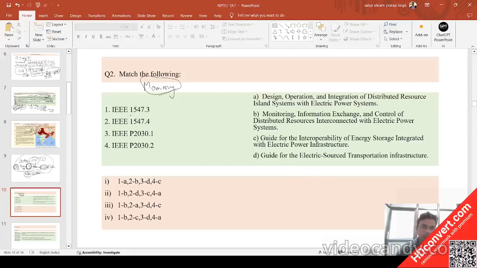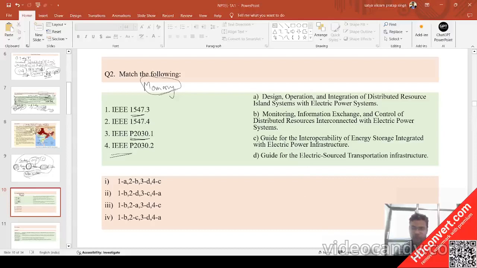If you know the IEEE 1547 or P2030 standard, I hope Swastik has cleared for you what kind of standards there are. IEEE, IEC, ISO. There are multiple standards. Anybody?